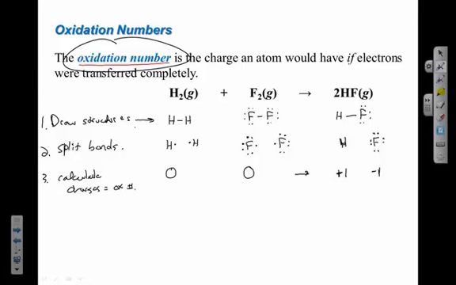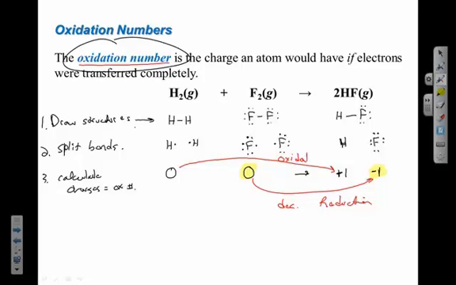I can see that the fluorine has 8 electrons, whereas on this side maybe it looks like it has 7, so that's a gain of electrons. But I can definitely see, once I have the oxidation number, that for fluorine the oxidation number is going from 0 to -1. That's a decrease in the oxidation number. That's a reduction. And the hydrogen oxidation number is going from 0 to +1. That's an increase. That's an oxidation. So in this case, the hydrogen is undergoing oxidation. The fluorine is undergoing reduction.